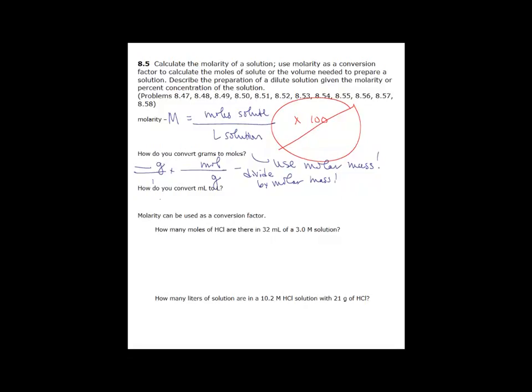So remember, if you're given a number like 262 milliliters, to convert that to liters, you can divide by 1,000, or you can move the decimal place 3 to the left. So 0.262 liters. So definitely knowing how to convert grams to moles, and moles to grams for that matter, as well as milliliters to liters will be useful when dealing with molarity.